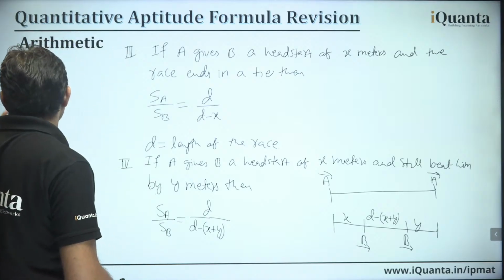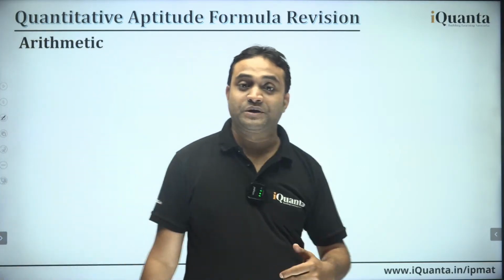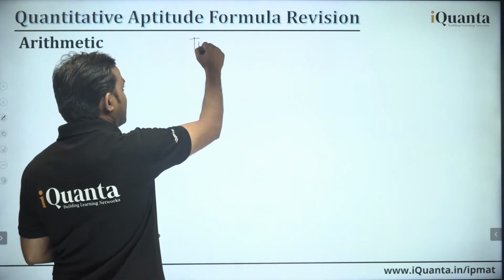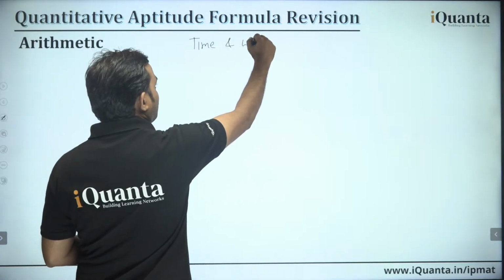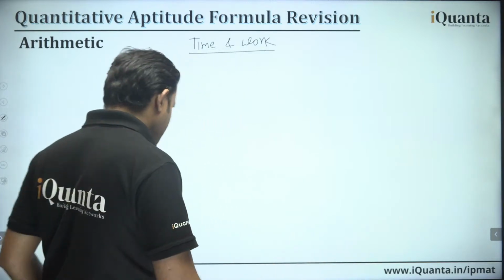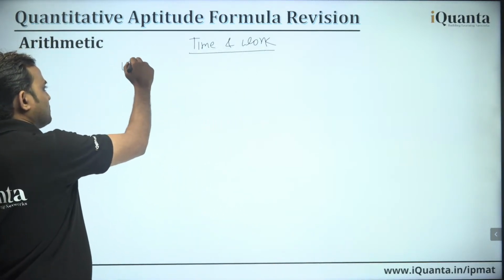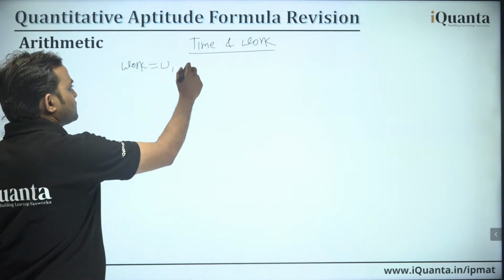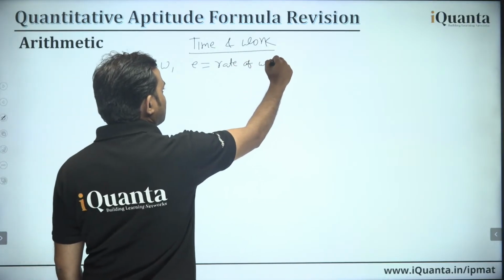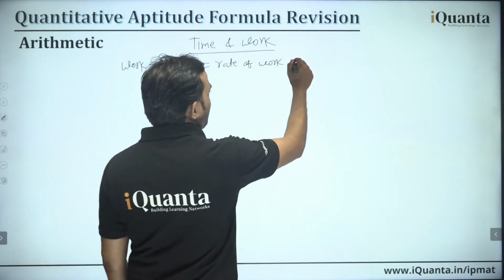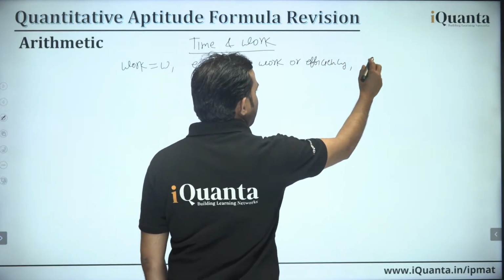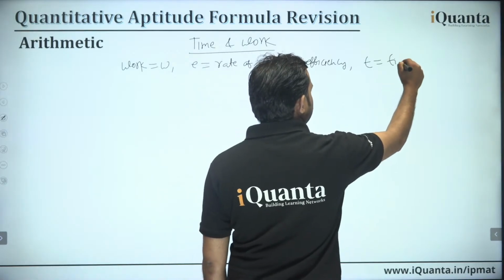Okay then. So with that we are done with time, speed and distance. Now if we talk about time and work, what we can say? Time and work. Now in case of time and work, again if we take work is equal to W, E is equal to rate of work, or we also call it efficiency, and T is equal to time.